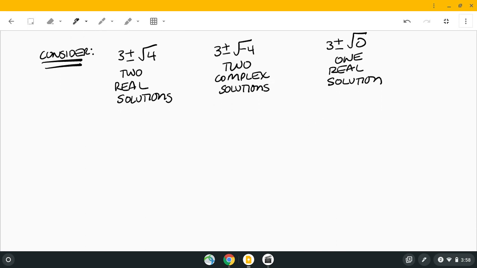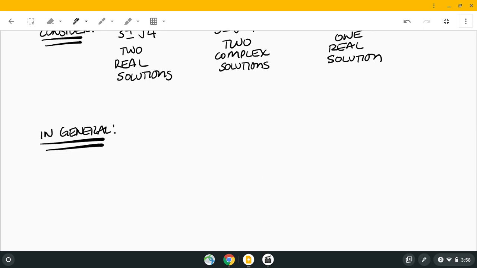Okay, so in general, if b squared minus 4ac, the discriminant, is positive, then you get 2 real solutions.